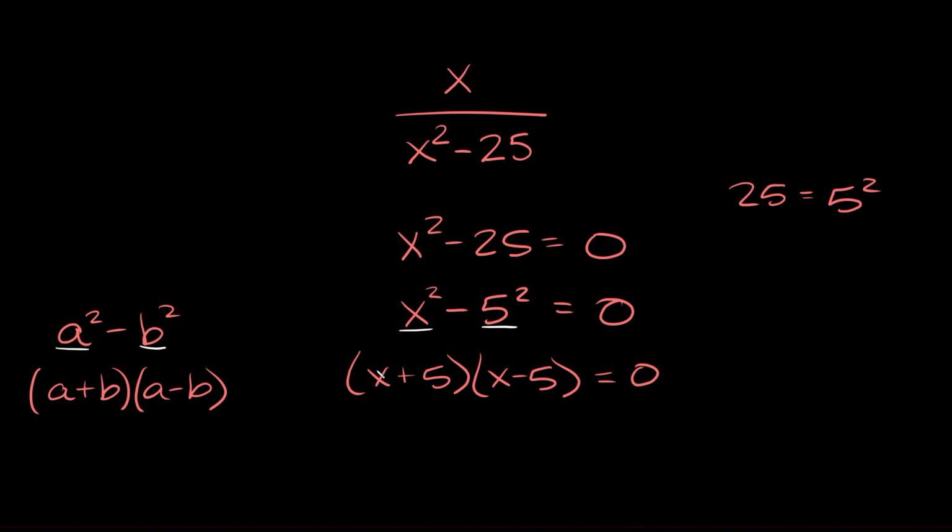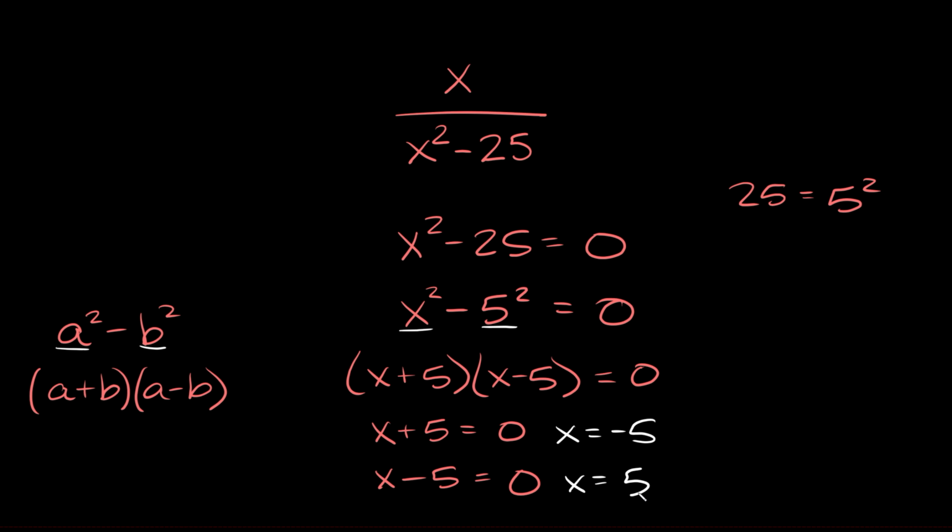Now to solve for our x's, we just need to set each set of parentheses equal to 0. So first we're going to have x plus 5 is equal to 0, and we're also going to have x minus 5 is equal to 0. So here you can see that x must be equal to negative 5, up on top. And for this one down here, it looks like x must be positive 5.